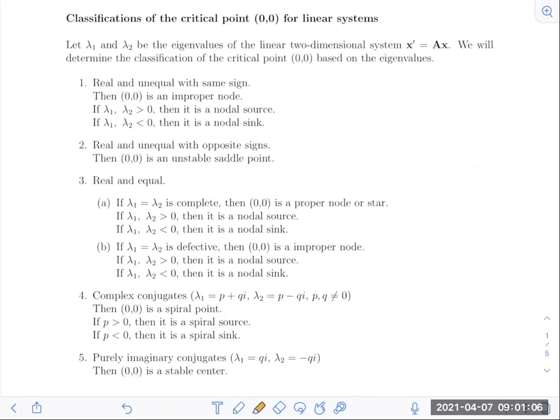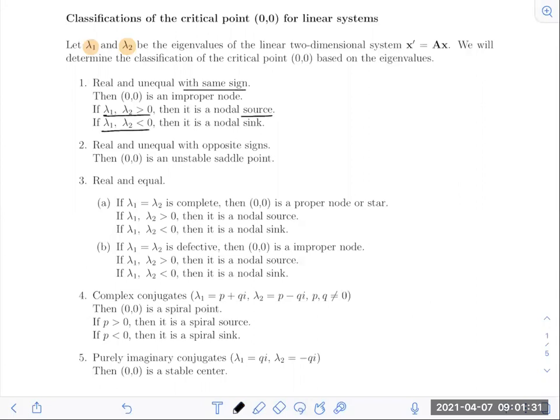Here we are assuming that lambda 1 and lambda 2 are eigenvalues, and we're going to classify in the following way. Case 1 is that we have real and unequal eigenvalues, but with the same sign. If they're positive, then we have a source.